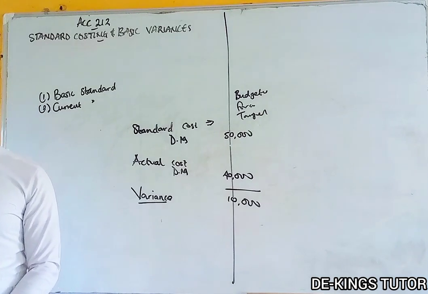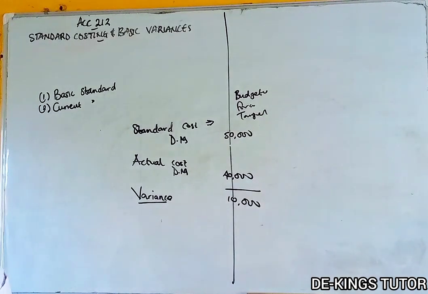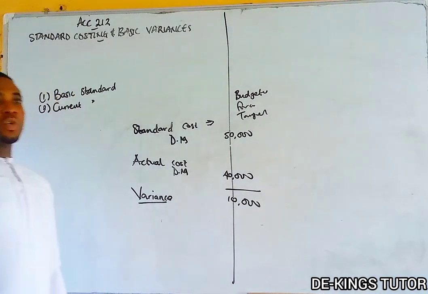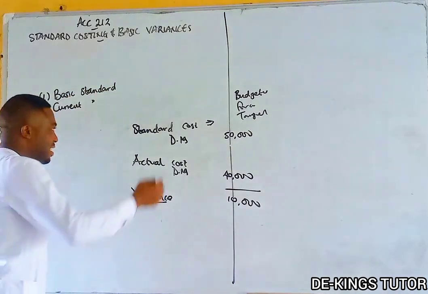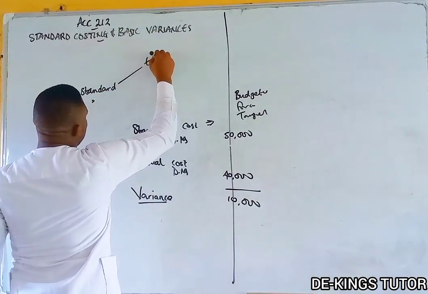The second one, number two, current standard. A standard which is established for use over a short period of time and is related to current conditions. So these are the two basic types when we are viewing the standard in terms of time.